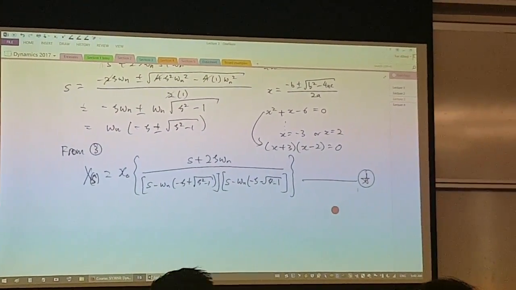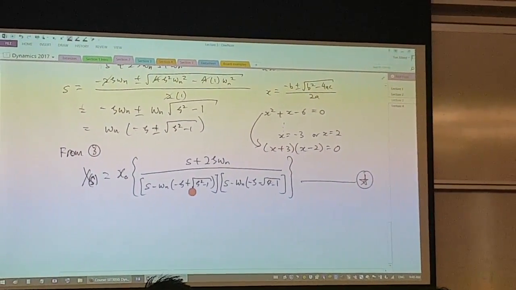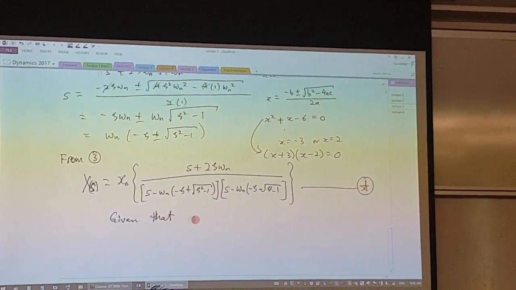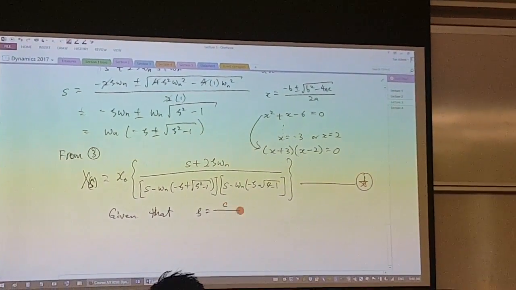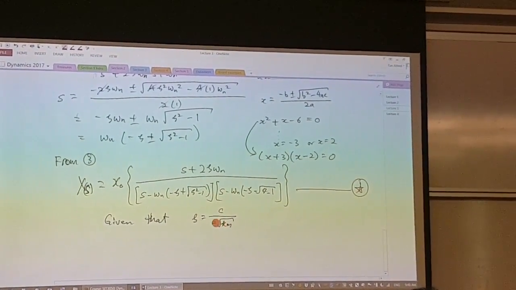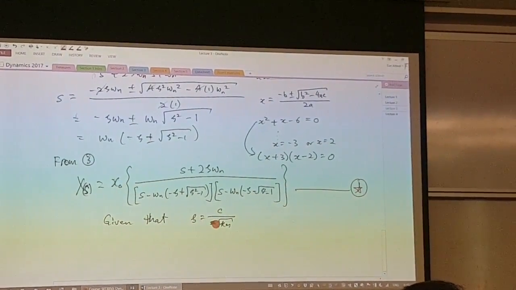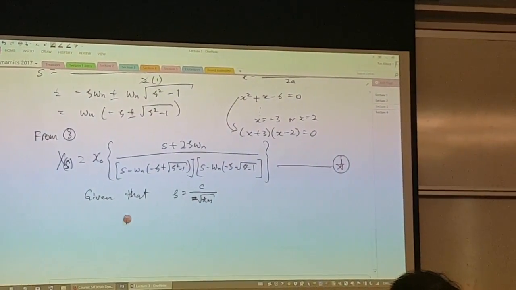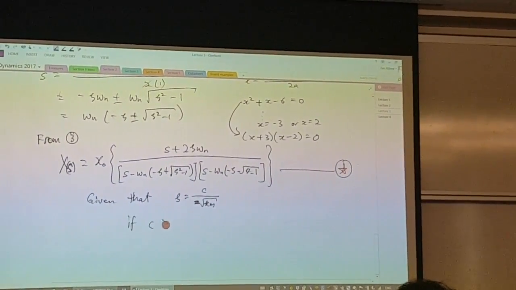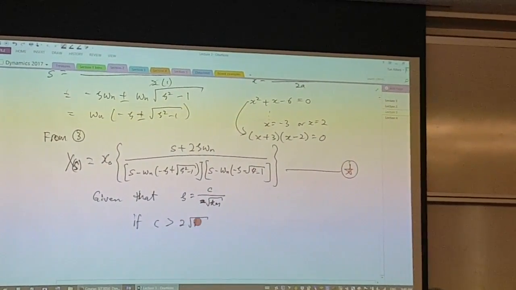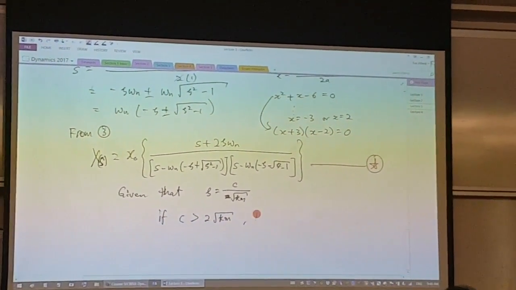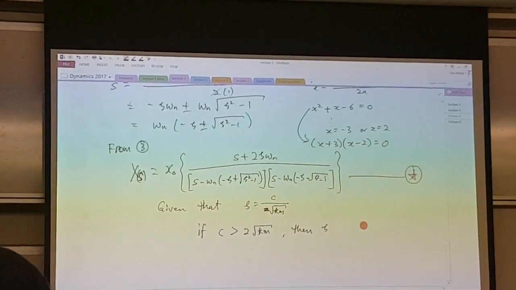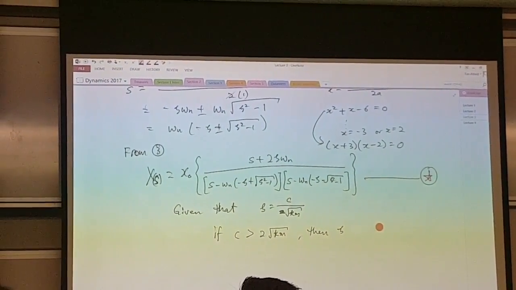So now that we have this denominator in this form, given what we saw before, zeta is equal to c over 2 square root km, right? That was when I was introducing what is zeta. Could you now see that if c is greater than 2 square root km, then what will happen to zeta? It will be greater than 1.